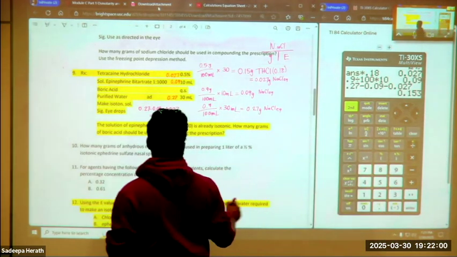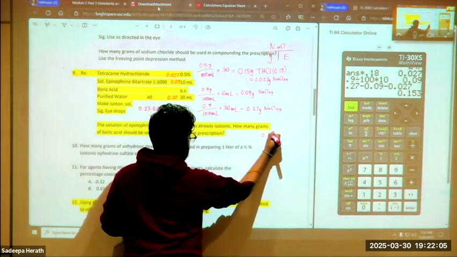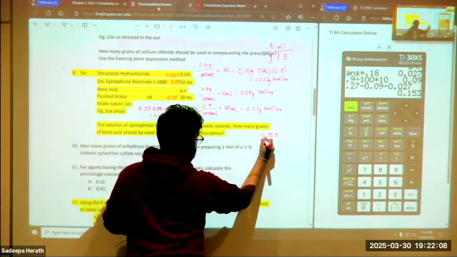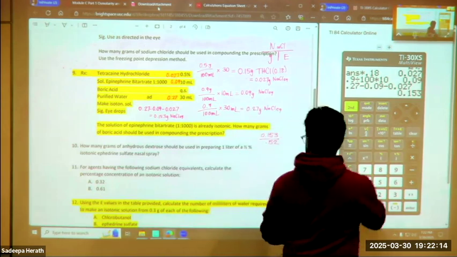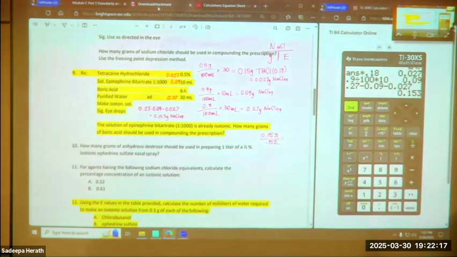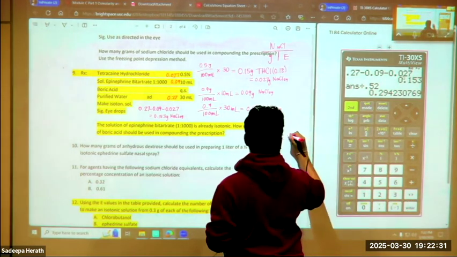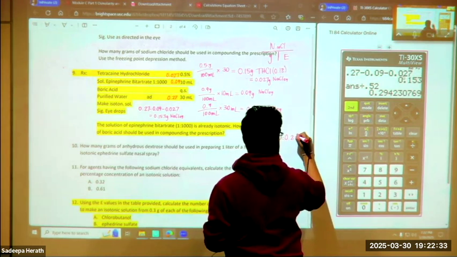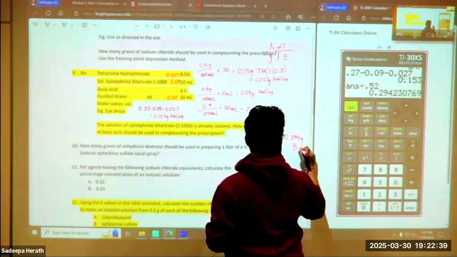We can do that here. 0.153 divided by 0.52 equals, and the answer for that is 0.294 grams of BA, boric acid.